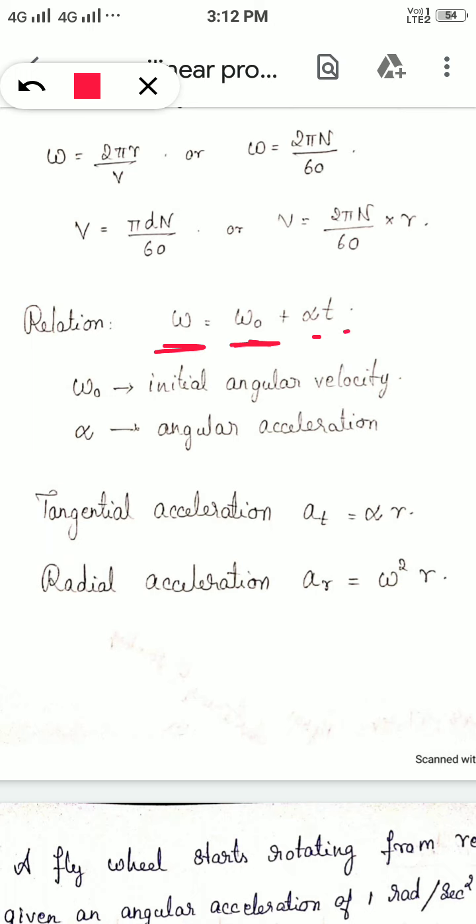If they ask you tangential acceleration, use at is equal to alpha into r, that is your radius. If they ask you radial acceleration, ar is equal to omega square into r. These are the formulas you have to know before going into the problems.